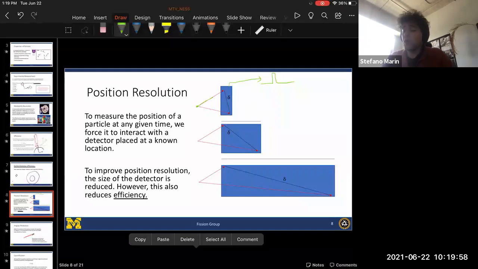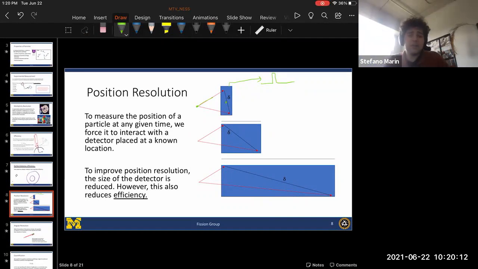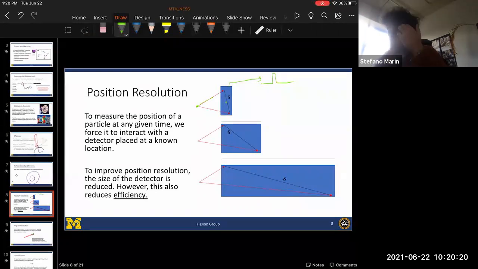You don't know where within the detector volume the interaction took place. So one could assume, for example, the best place would be somewhere in the middle, right there. Of course, there are better guesses that one can do, if you know more about the detector and the particle interactions. But we can always start by saying that the particle interacts at the center of the detector.